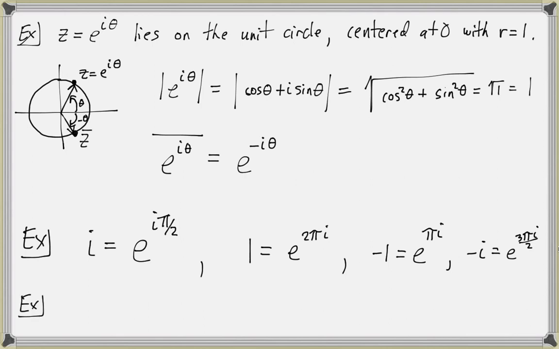Next, let's look at an example that shows that exponential form of a complex number is very useful for multiplication. So let's find an expression for 1 plus I to the power 100. Let's simplify this expression. Well, let's write 1 plus I in exponential form. 1 plus I has radius square root of 2, and the argument of 1 plus I would be pi over 4.